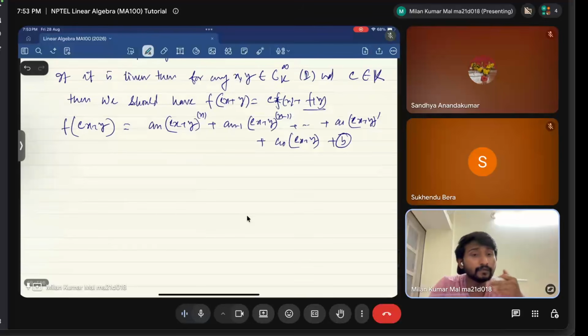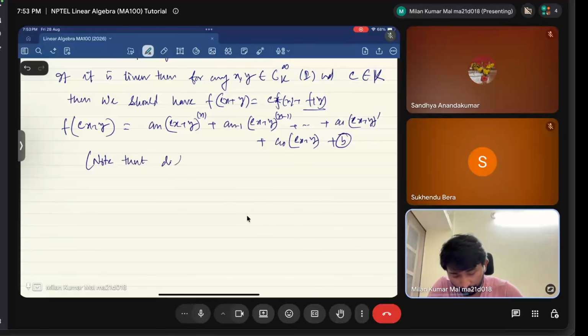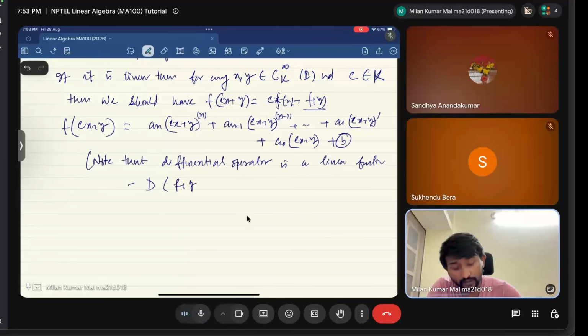Note that the differential operator is a linear map. Why? If I take D as the differential operator, D of f plus g is df plus dg, the differentiation of f plus the differentiation of g.